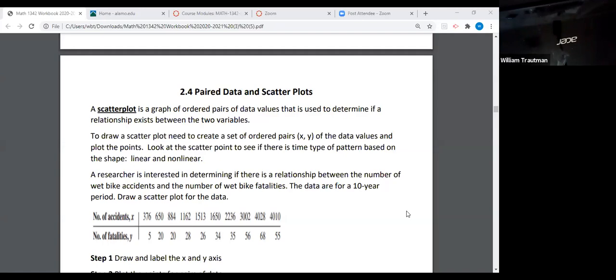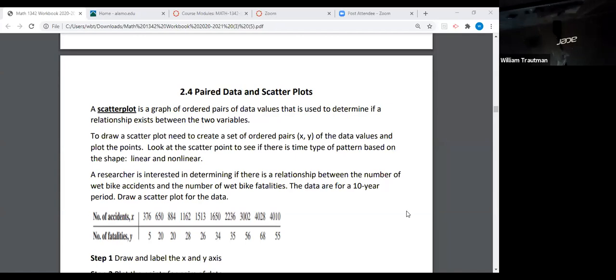Should go right there, right? 302 is 56. 428 is 68, and then 55. All right, let's see, 1650. I'm all messed up.